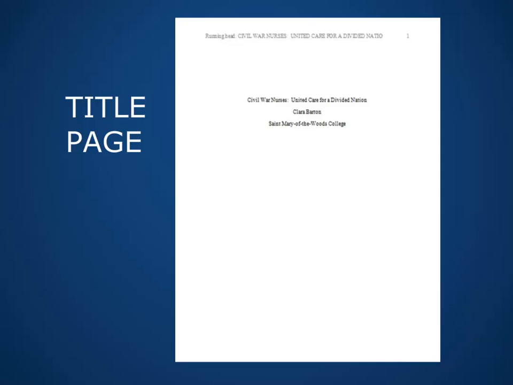Note that the title information is double-spaced. Do not add extra lines or extra spacing in between those lines. The title should provide enough information to summarize the main idea of the paper. It is a concise statement of the main topic.